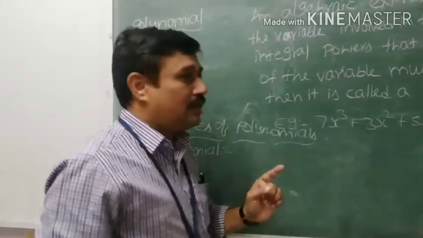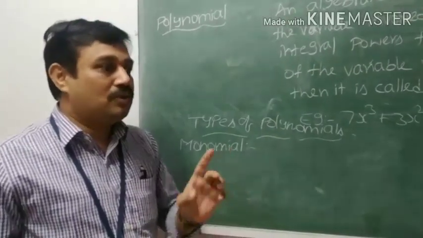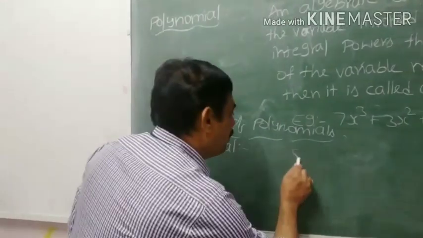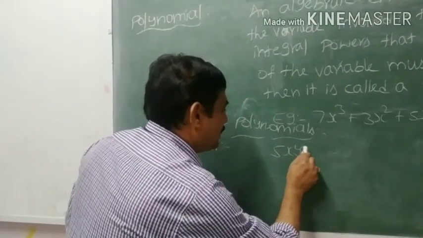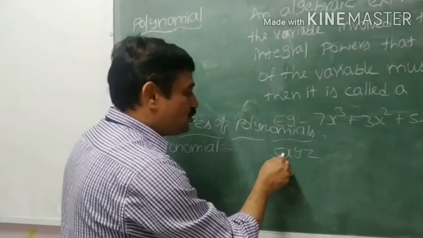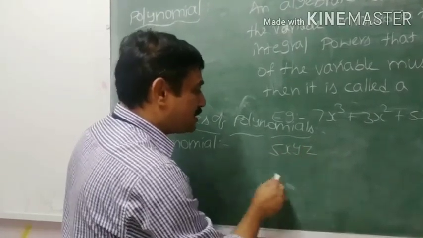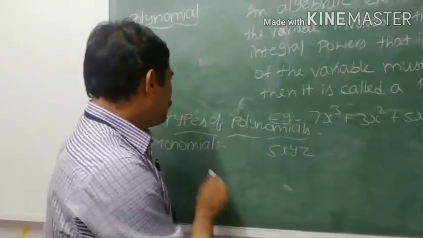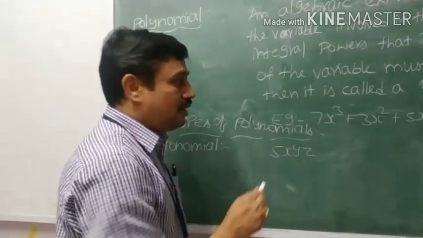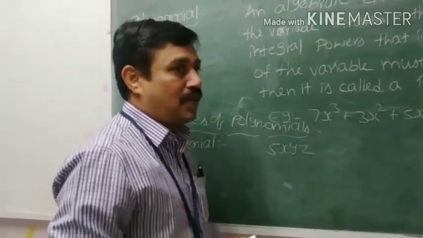A polynomial containing only one term is called a monomial. For example, 5xyz. In this one, there is no symbol, that means neither plus nor minus is there, so we consider it as only one term. So a monomial is a polynomial containing one term.